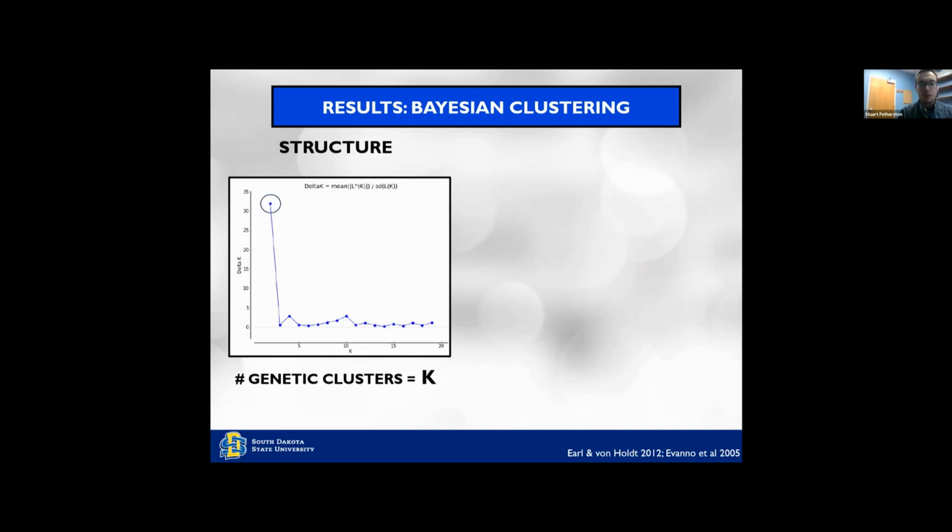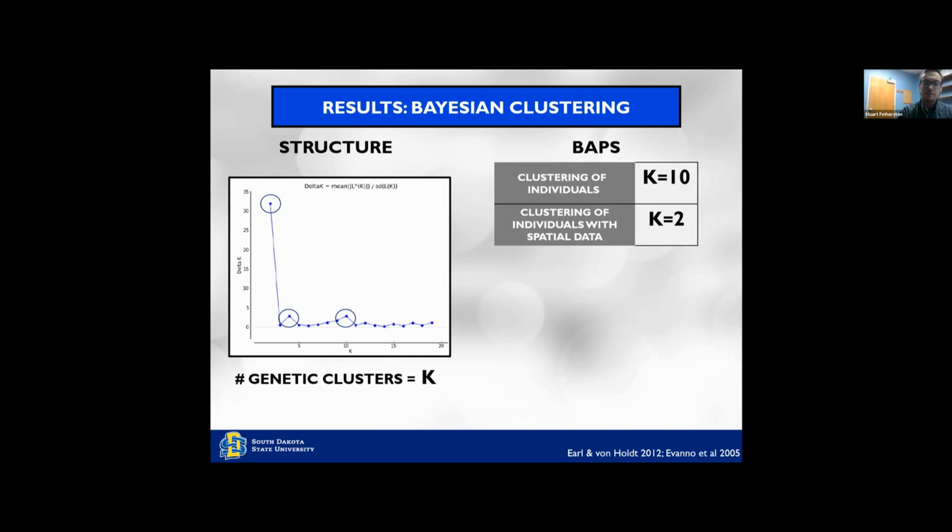You can see here a peak at K equal to 2, which we have to be cautious when interpreting because delta K often has a bias towards K equal to 2. There's also support for K equal to 4 and 10, so support for 4 populations or 10 populations as well.